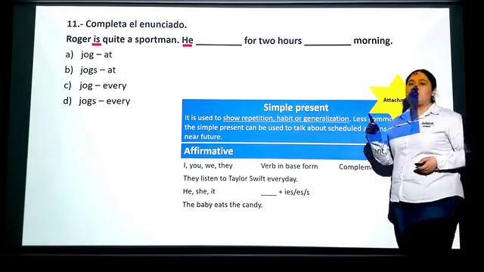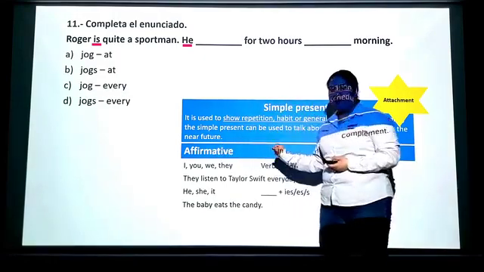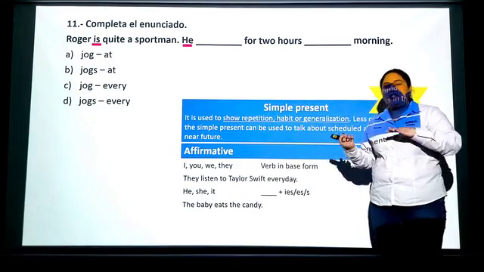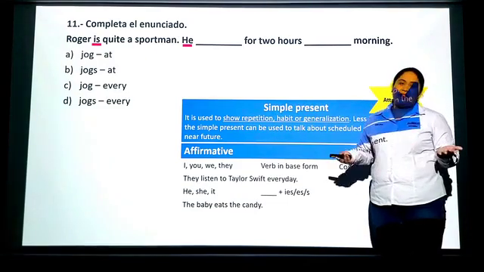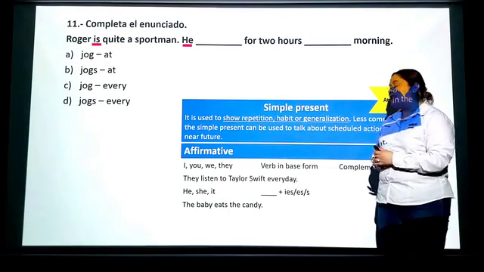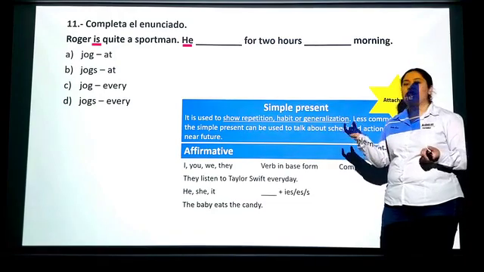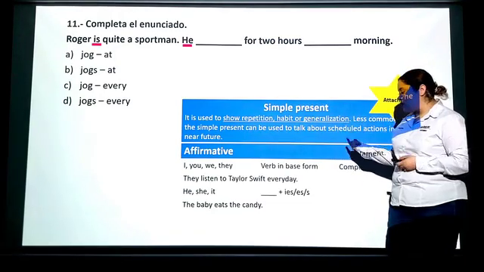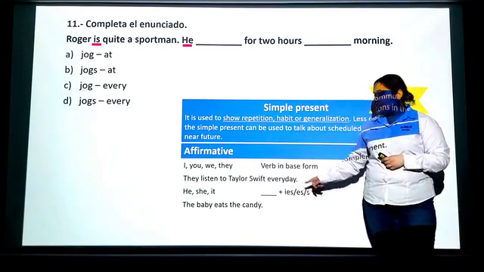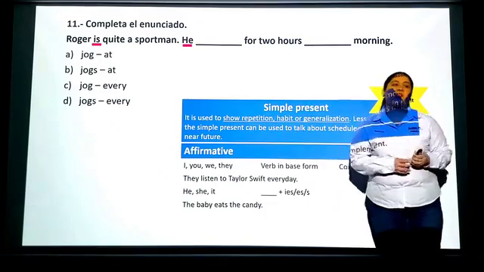When you use some pronouns, such as I, you, we, and they, the verb is not going to be affected. It is going to be in base form, or you may say in present. Now, when you use he, she, or it, the verb is going to have a suffix, a couple of letters by the end of the verb, which may be IES, ES, or the letter S. This is going to be in accordance with the final letters of the verb.